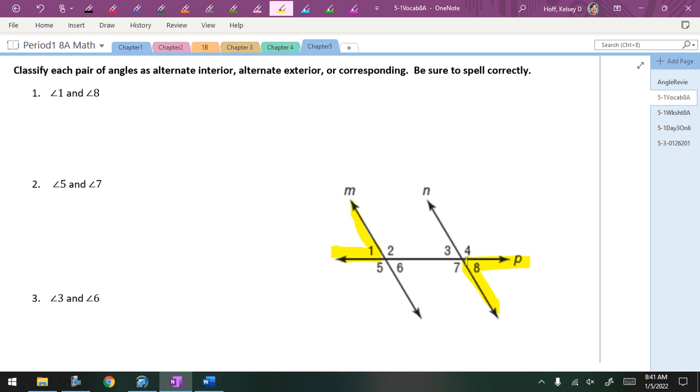Don't shout it. Go back and look. The numbers are not going to match. You're looking at the diagram. Which of those angles ended up when we trace them to be two angles like 1 and 8?